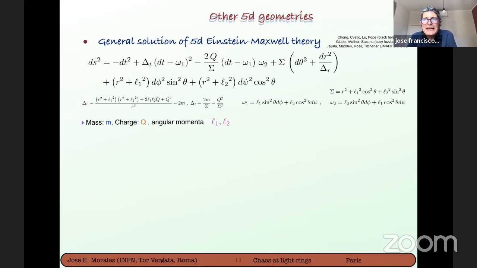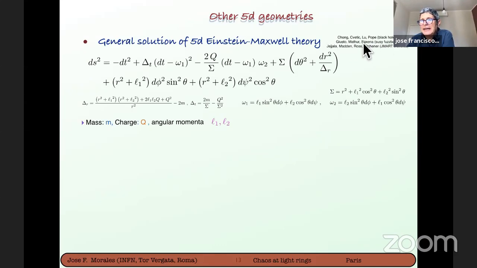And what we did was consider the general solution of multi-dimensional Einstein-Maxwell theory. This solution was written first by Chong, Cvetič, Lü, and Pope. And these solutions include previously found solutions by Giusto, Martinec, and Saxena.